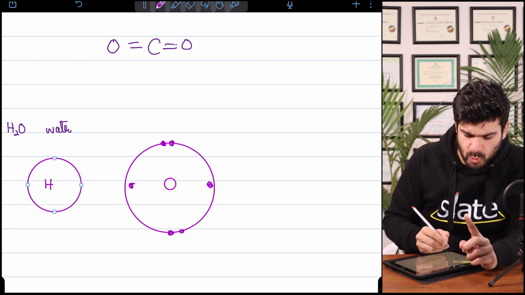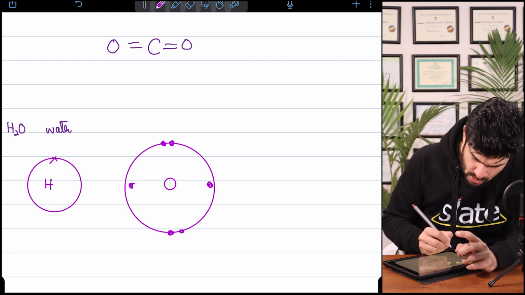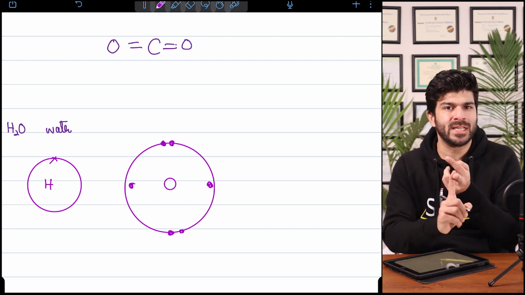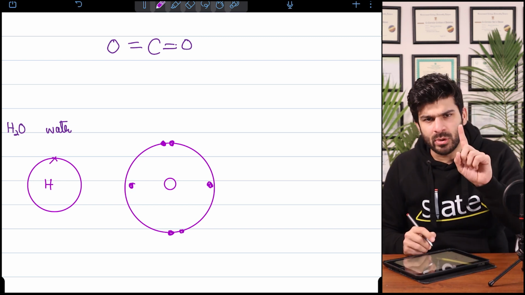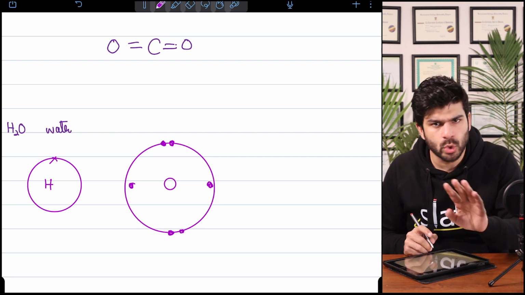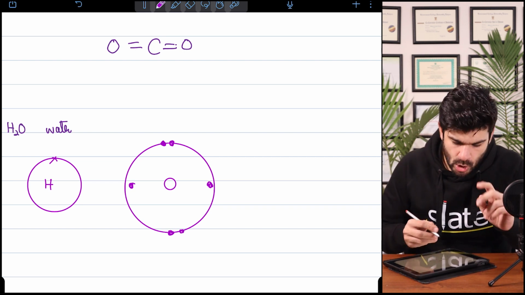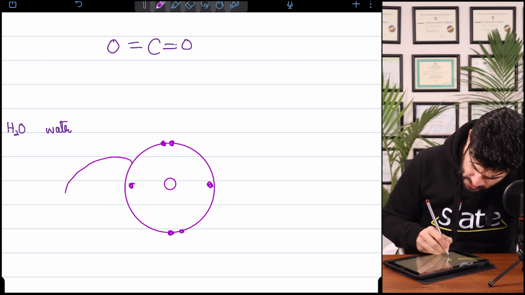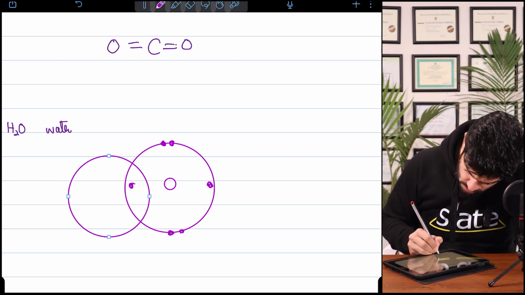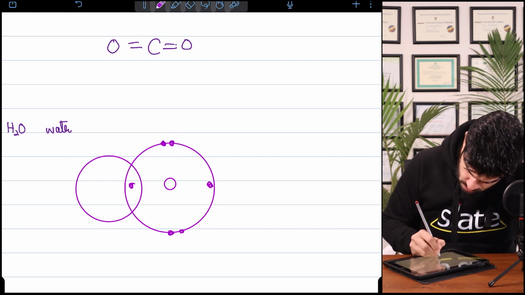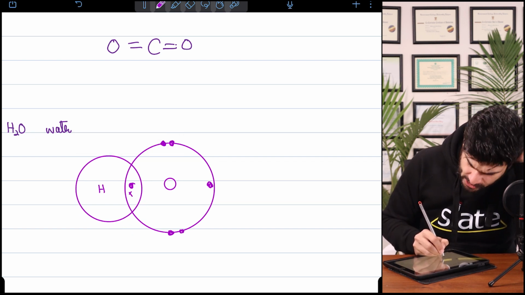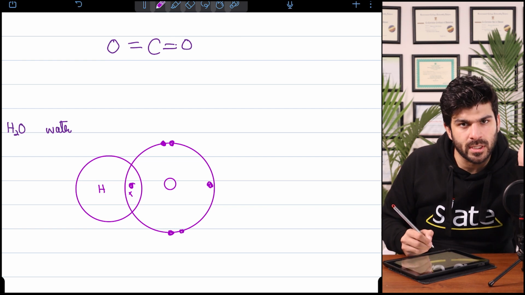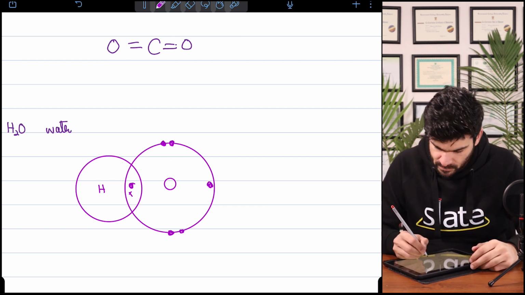First element, just 1 electron. Hydrogen needs 1 electron, oxygen needs 2 electrons. So hydrogen can only share 1 electron, not 2. Remember, it cannot share 2 electrons. So this hydrogen comes here. Shares this electron, and that's what it is all about.